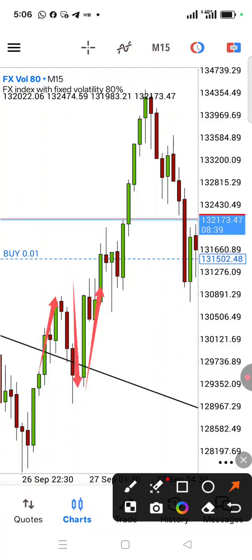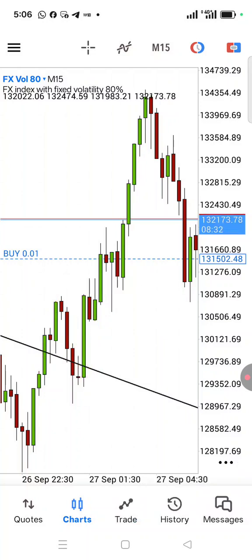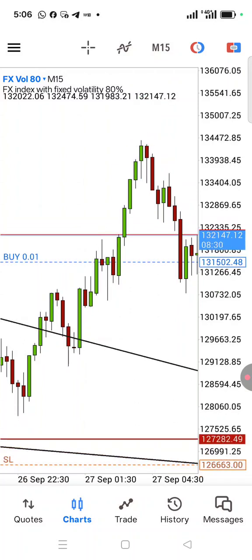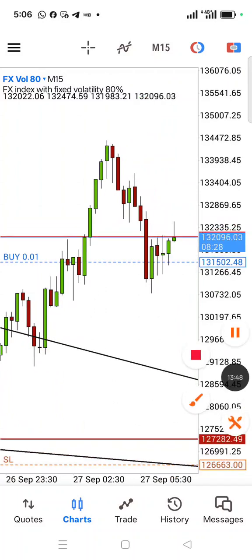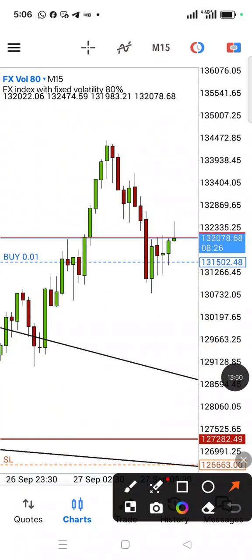I would have entered from this level and taken profit here, before this pullback and probably continuation.